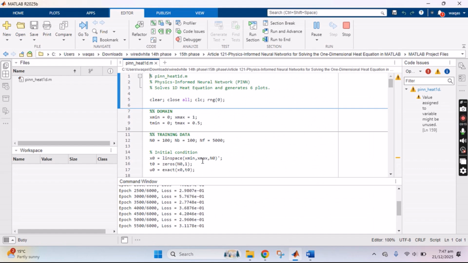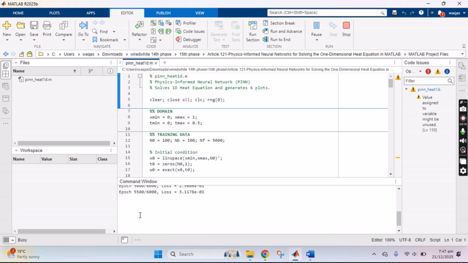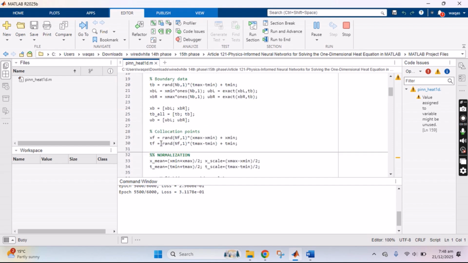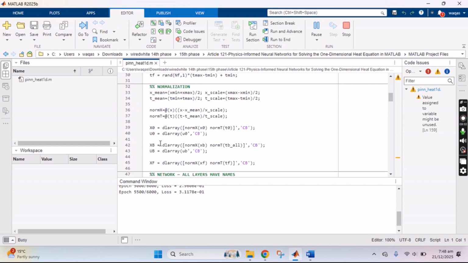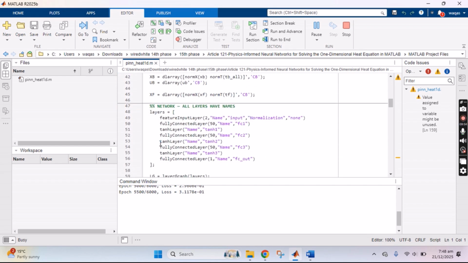Let me open the MATLAB code. I have already run the MATLAB code because it takes a lot of time. This is pinns_heat_1d.m, the MATLAB code which provides the training dataset with the initial conditions, boundary dataset, normalization, and network with all layers.